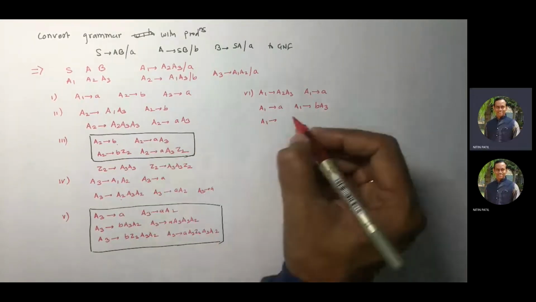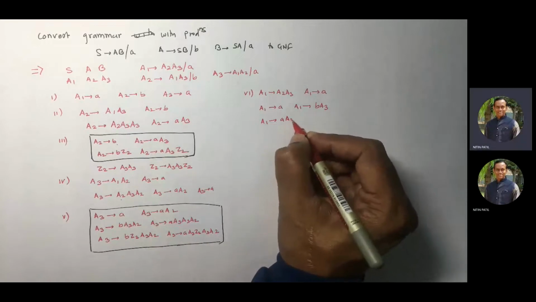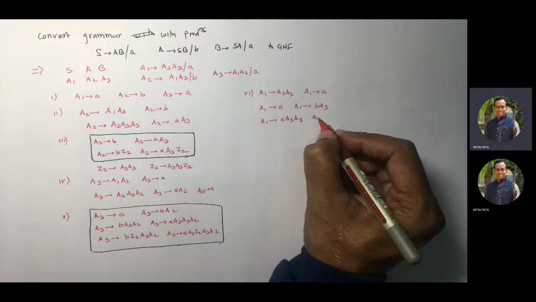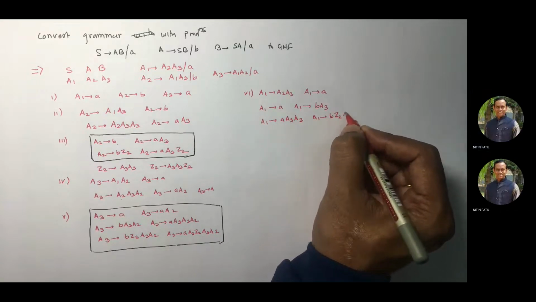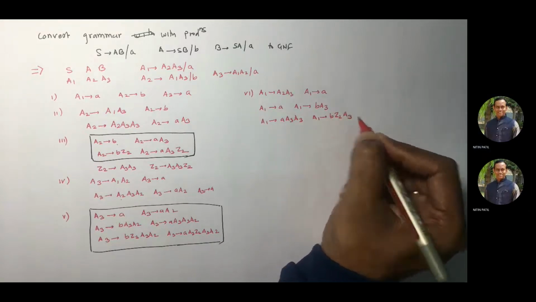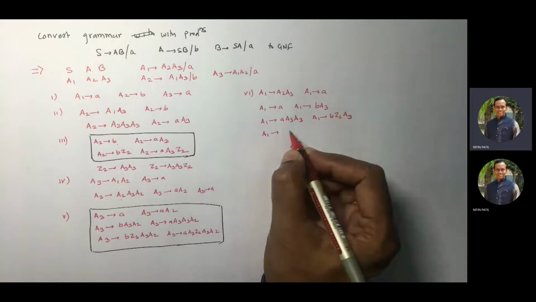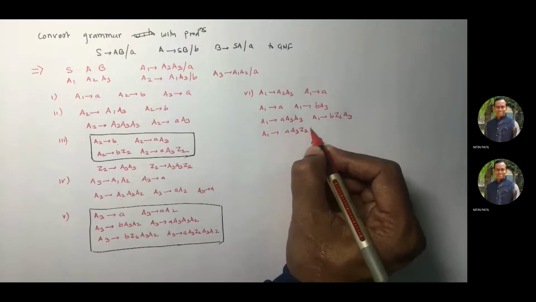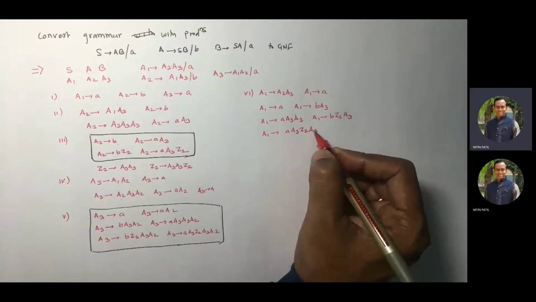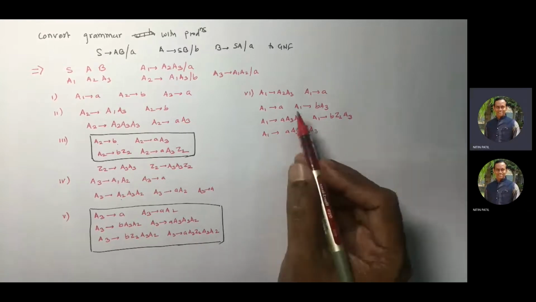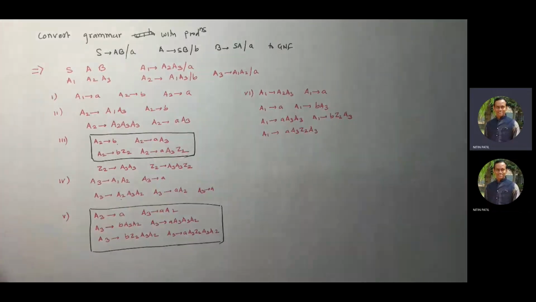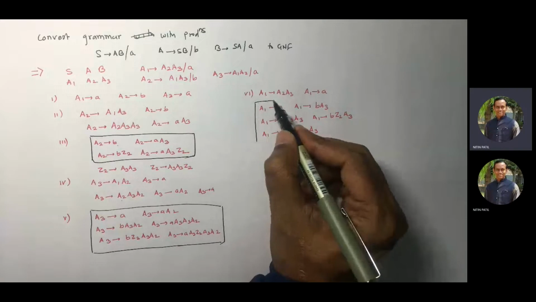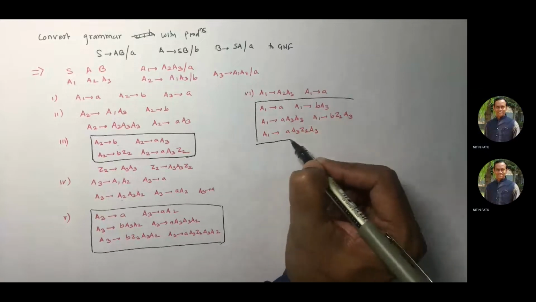A1 gives A, A3, A3. A1 gives B, Z2, A3 and A1 gives A, A3, Z2, A3. So these would be your 5 values: 1, 2, 3, 4, 5. So this is again in the required form of GNF. So A1, A2, A3 are done.